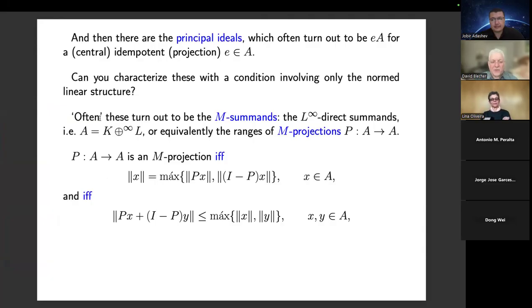So the hope is that these principal ideals would turn out to be the M summands, i.e. the L infinity direct summands.